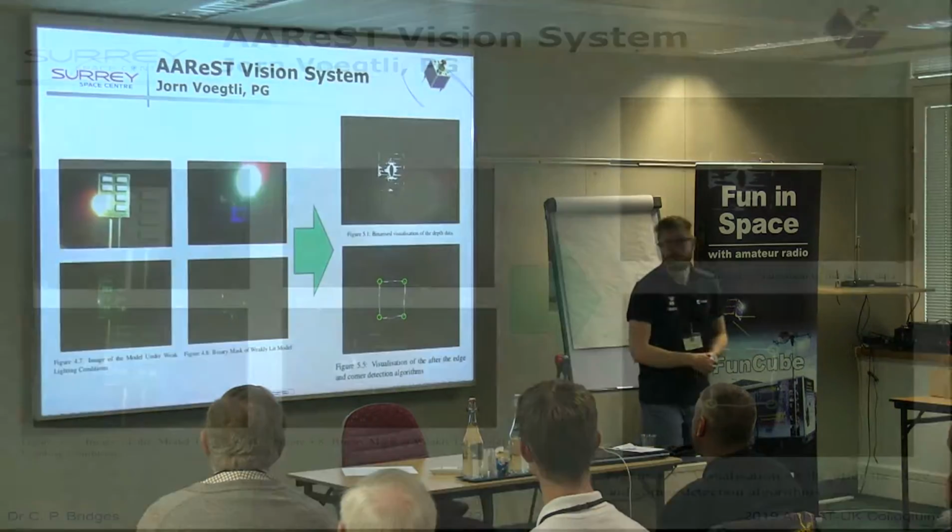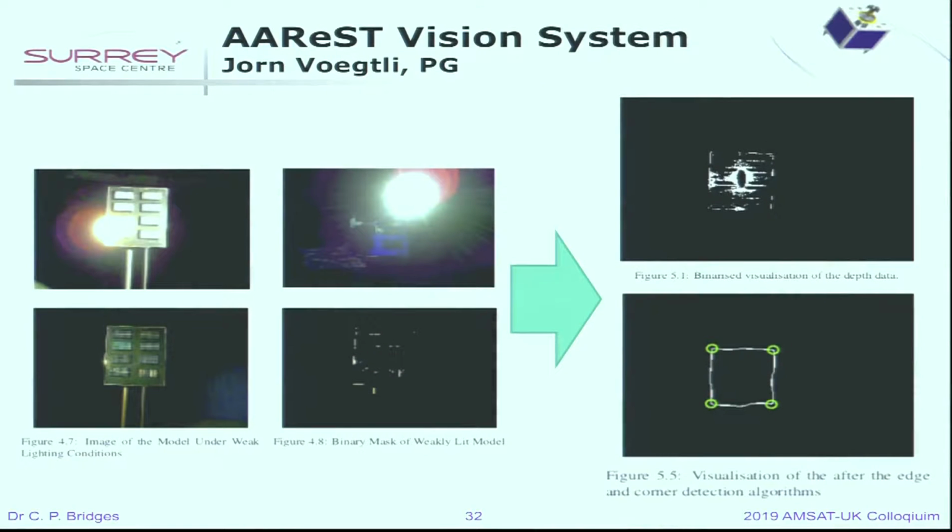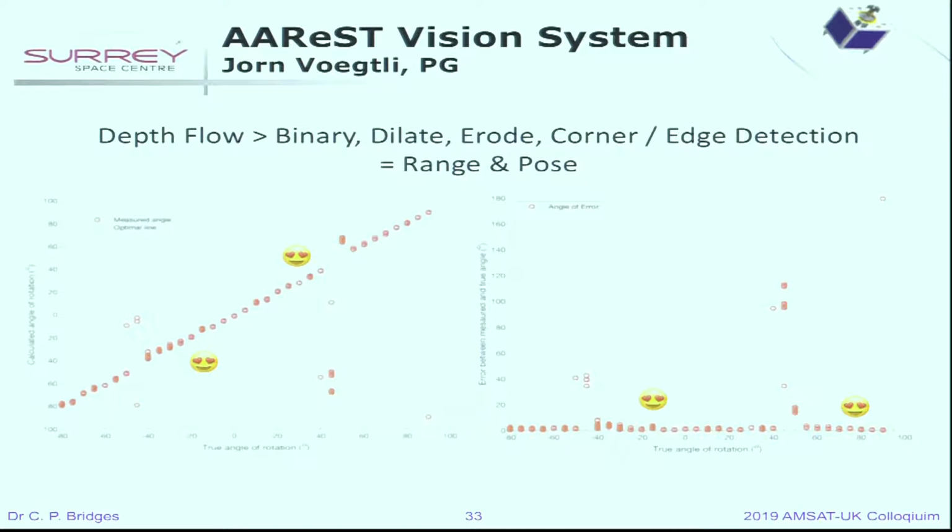So for the vision system itself, what did we find? Well, we found lots of specular reflections, lots of resonances, and as soon as you start to do edge detection on a lot of these things, it can fall over pretty quickly. But for the depth system, that wasn't so bad. When you look at it in optical, it doesn't look really good. But what's wonderful here, I'll put some emojis on it because this will be important later, is that for the depth flow, we go through a binary mask, we dilate it, erode it, do some corner and edge detection in some fairly classic ways.